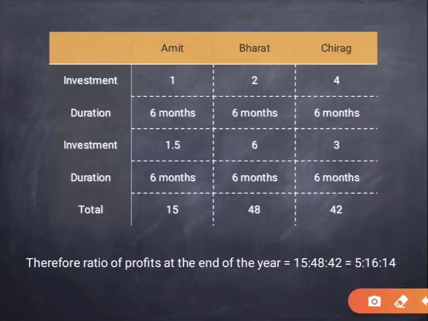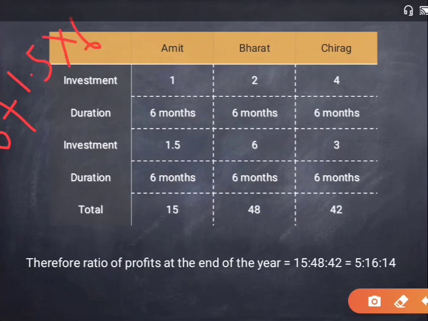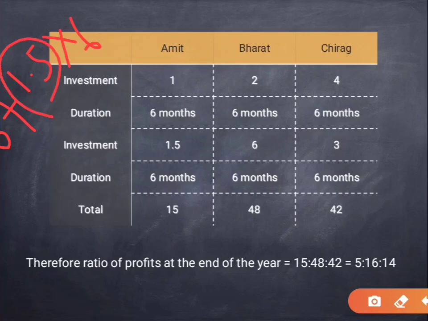Therefore, in the case of Amit, what will be the investment? 1 into 6 plus 1.5 into 6. Why? Because he invested 1 for 6 months and 1.5 for another 6 months. Therefore 1 into 6 is 6 plus 1.5 into 6 is 9, which is 6 plus 9, which is 15.